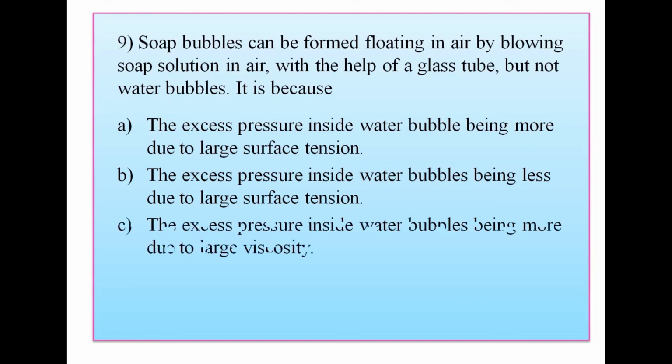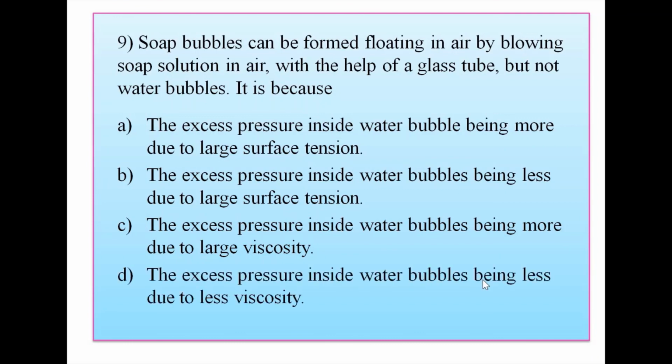Option C is excess pressure inside soap bubbles being more due to the large viscosity. And option D is excess pressure inside water bubbles being less due to the less viscosity. This objective is based on our theory knowledge. So the correct answer is option A, that means excess pressure inside a water bubble being more due to the large surface tension.